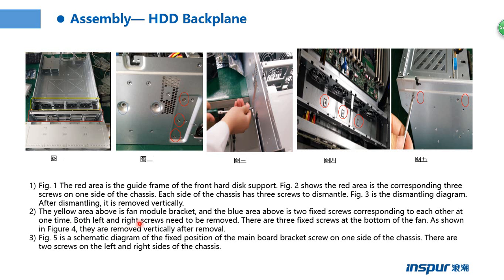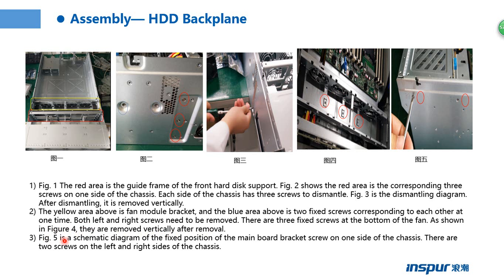Both left and right screws need to be removed. There are 3 fixed screws at the bottom of the fan. From the top to the bottom, you can see the 3 screws, as shown in figure 4. They are removed vertically. After you remove the 3 screws, you can remove the fan module bracket.